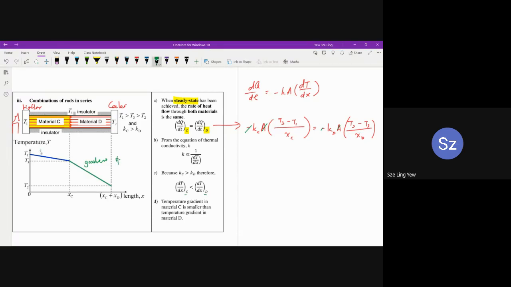The one with the smaller gradient is less steep. Why? That is because of the values of k. So you can roughly know the shape of the graph by looking at the values of k.